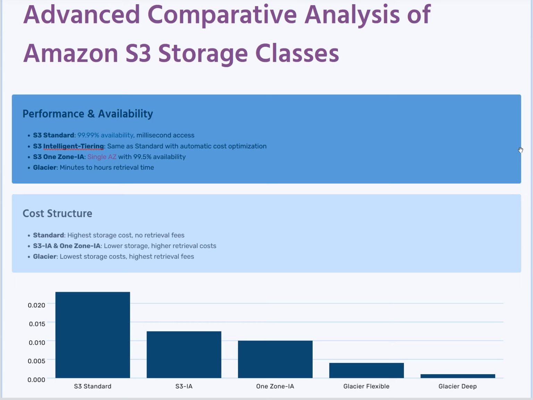Let's say you want to keep some audit documents, payroll documents, or employee files for 7 or 8 years according to your compliance requirement. You don't need to access them frequently, but if you want to, it might take minutes to hours to retrieve.